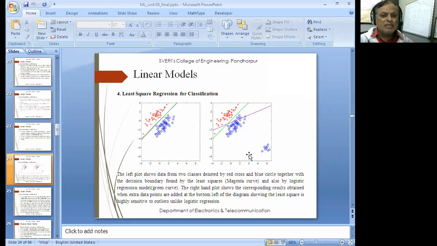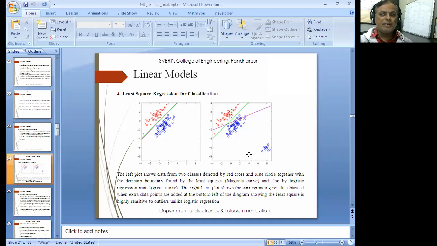These are the outliers which we have added extra at the bottom of the diagram. So they are very much sensitive, and the least square will not include all of them, unlike logistic regression.